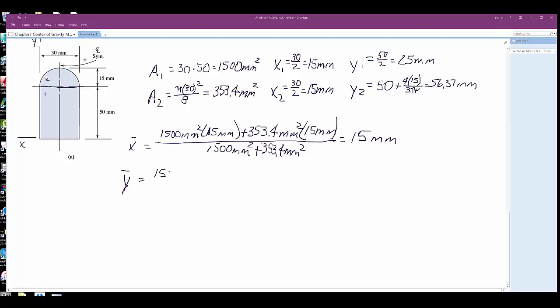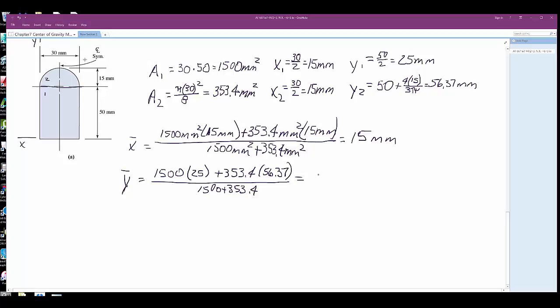So we have 1,500 square millimeters times 25 millimeters, which is the Y1, plus 353.4 times 56.37. All that divided by the 1,500 plus 353.4.